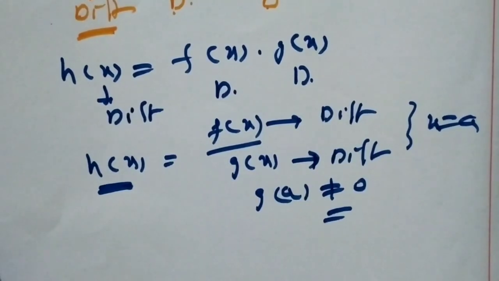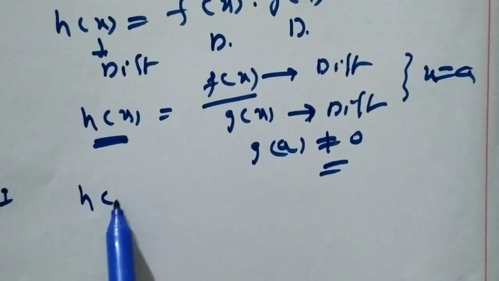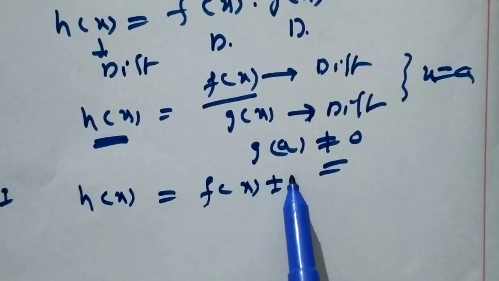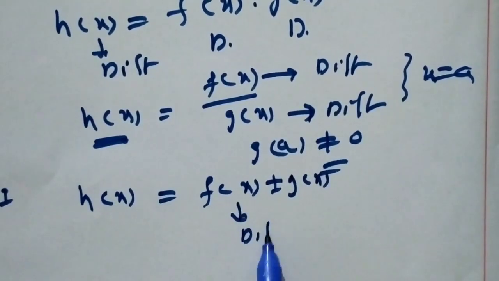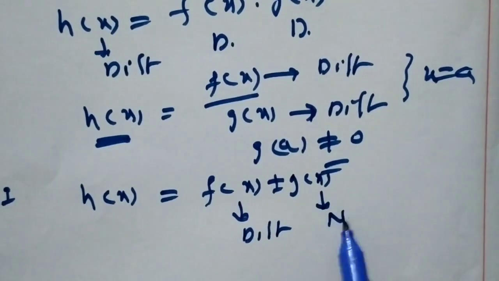Now in the other case, case 2, if h of x is equal to f of x plus or minus g of x, suppose f of x is a differentiable function and g of x is not a differentiable function.